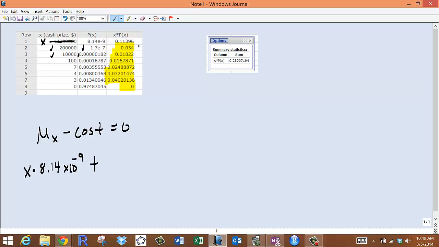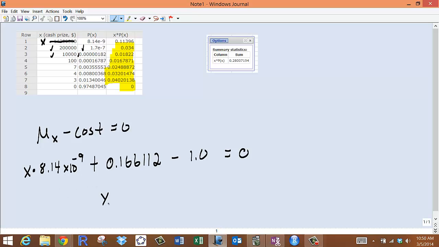So let's go ahead and add up all of these yellow numbers here. And if we do, we get 0.166112, minus the cost, which is $1, is equal to 0. Okay, so let's go ahead and do a little simplification here.